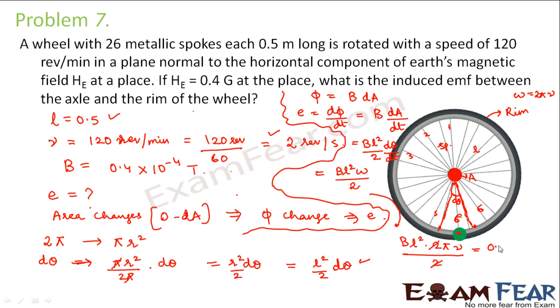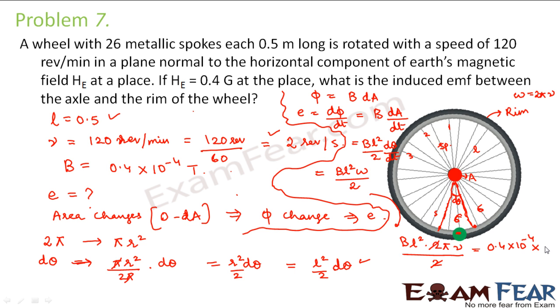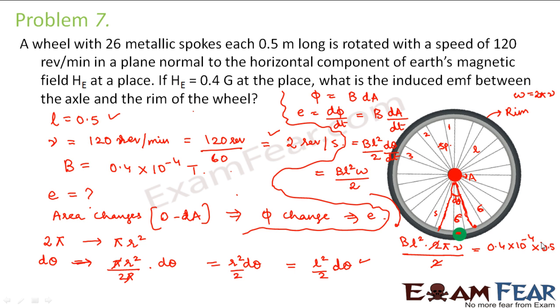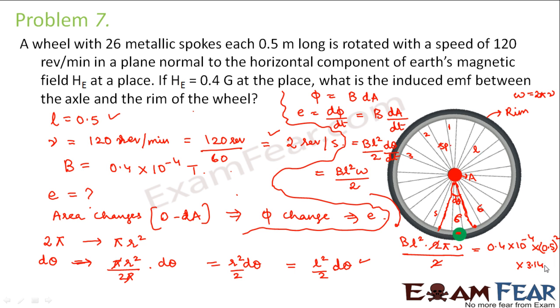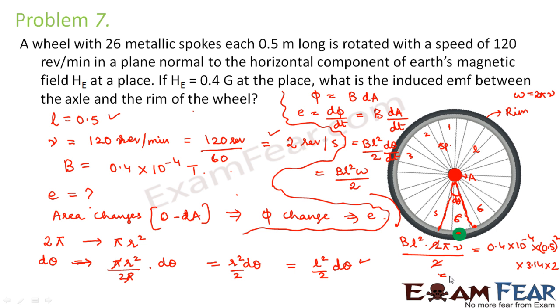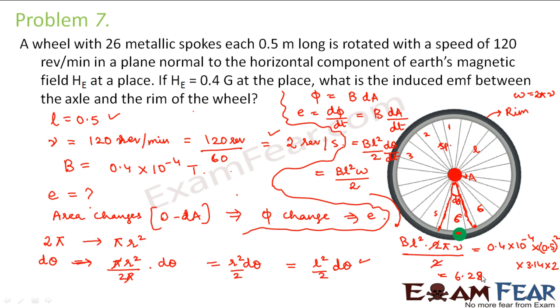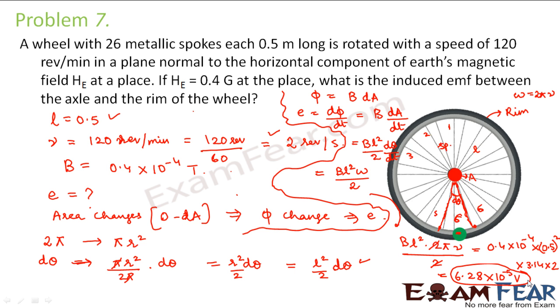B is equal to 0.4 into 10 to the power minus 4. What will be L? L square, that is 0.5 whole square, into pi, that is 3.14, into nu, that is 2. So this value comes out to be 6.28 into 10 to the power minus 5 volts. So this will be the induced EMF.